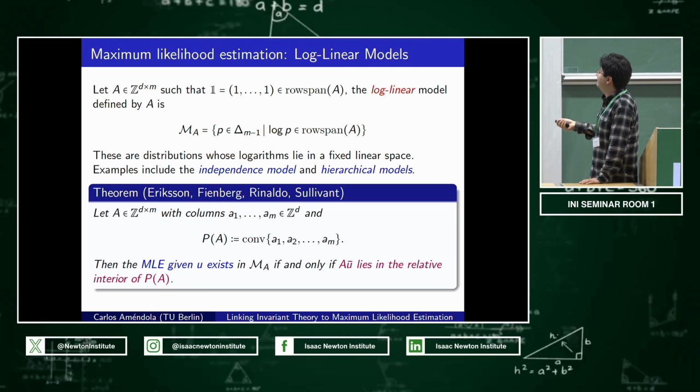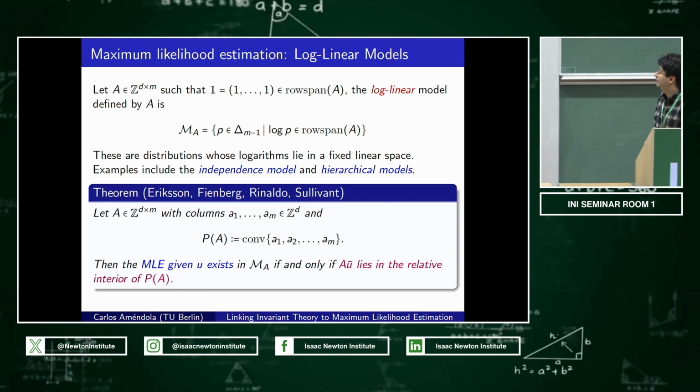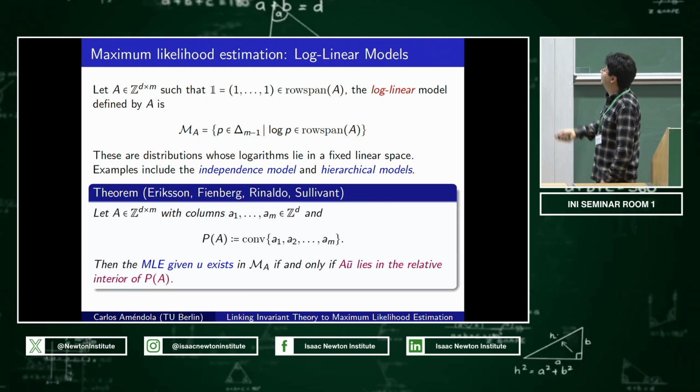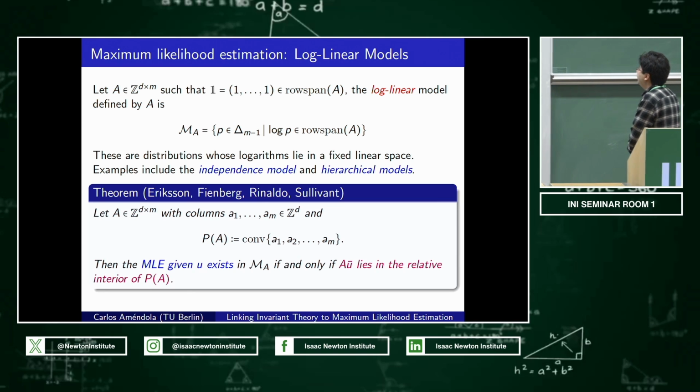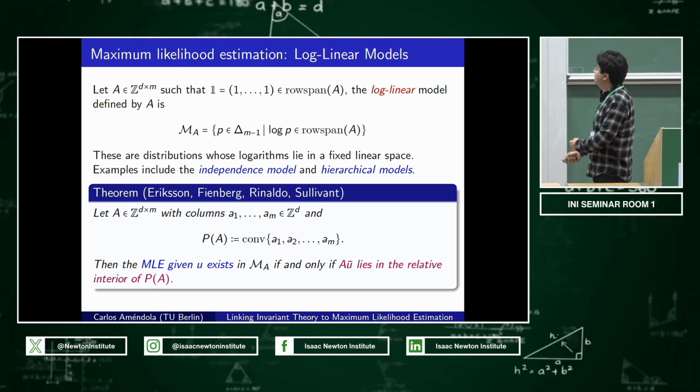If it lies in the relative interior, the MLE is going to exist, and otherwise it will not exist. And so this is some characterization. I put here some names, people who have worked with this characterization. And yeah, this is very nice.